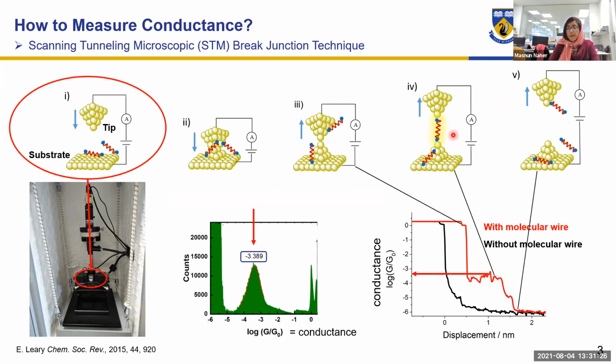Further pulling breaks the junction, and you can see again from these traces a sharp decay of conductance. During this measurement, we collected thousands of this type of traces. And if we compile them together, we get a histogram like this, where this peak represents the molecular conductance for a specific compound, and this is the conductance for a gold atom contact.